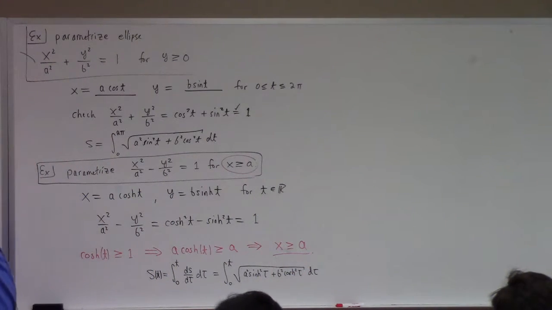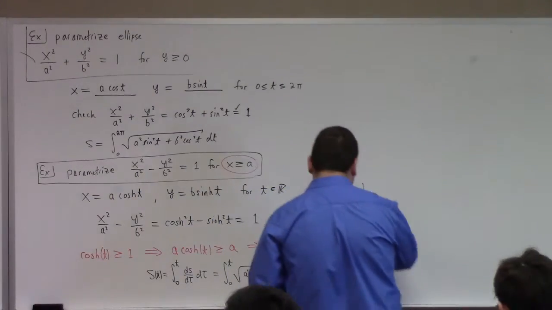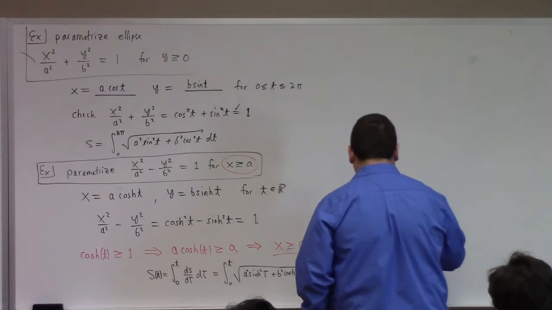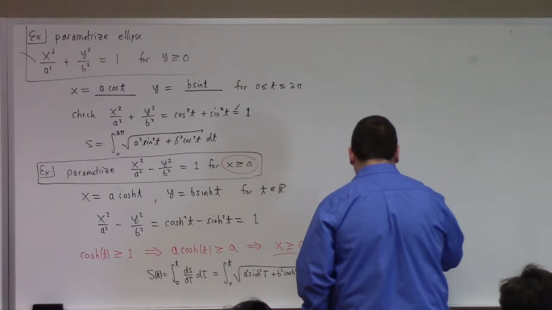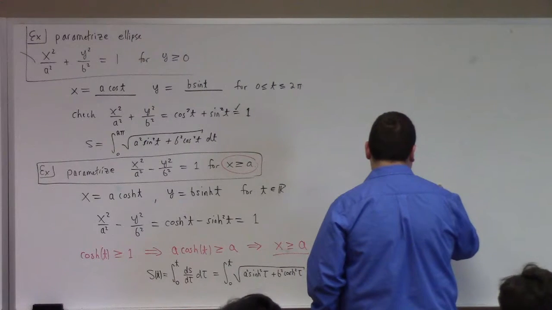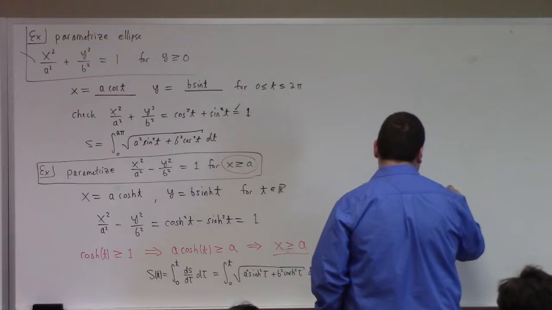I've introduced a tau instead of a t because I'm treating t as a constant here. I'm trying to calculate the arc length starting from 0 out here to r of t, right?